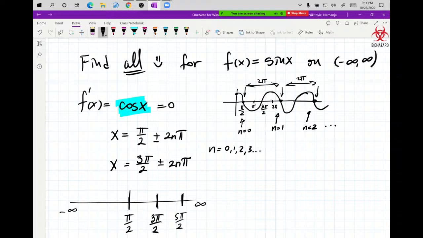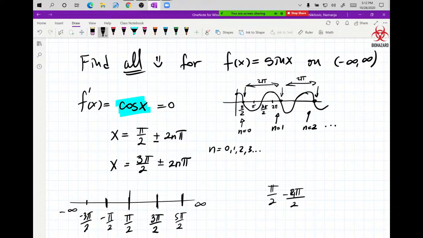It goes like that. And over here you are subtracting 2 pi, so write pi over 2 minus 2 pi. That's going to be negative 3 pi over 2. Oh, I skipped one. Negative pi over 2, there we go, negative 3 pi over 2, and so on.